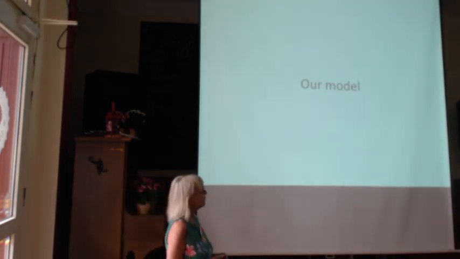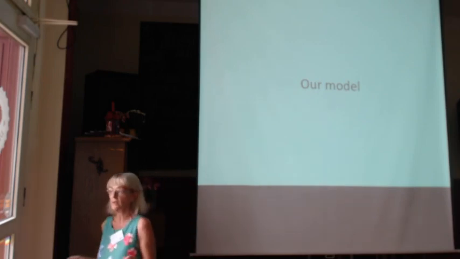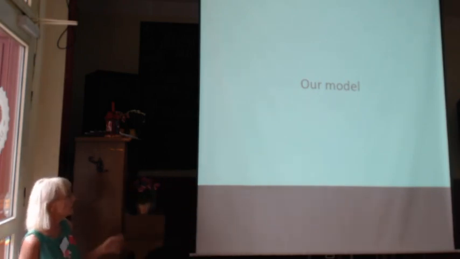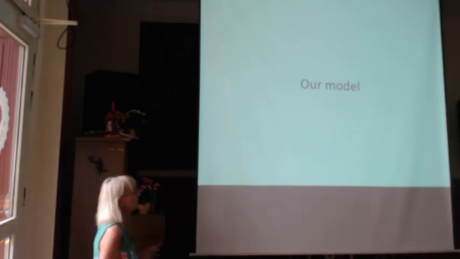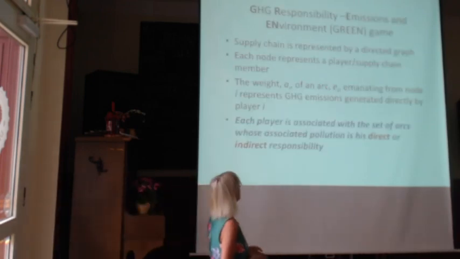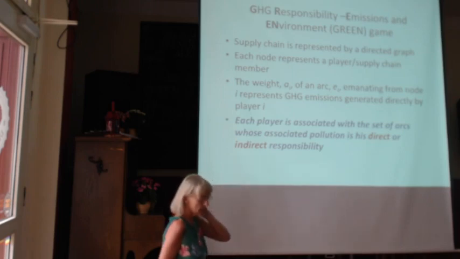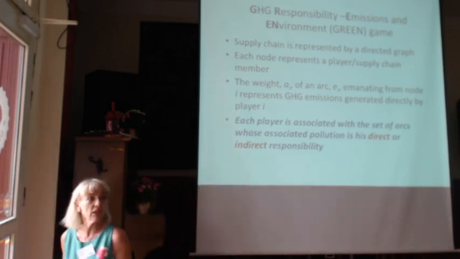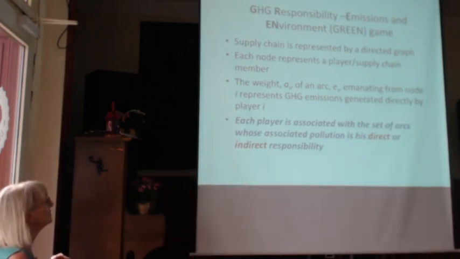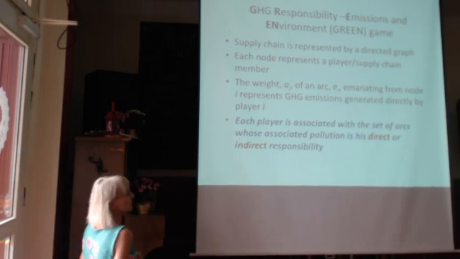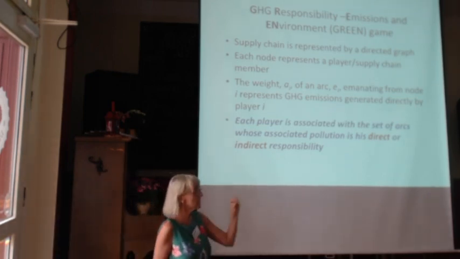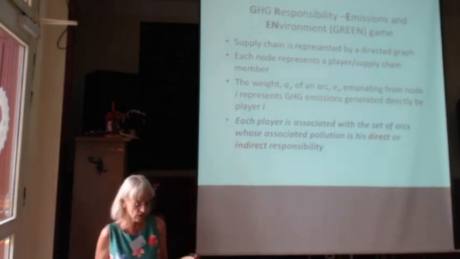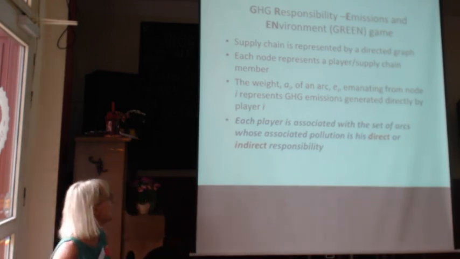And so what we try to do is to move away from the current model, which just assumes that whoever is making something has to pay for it. We try to model this as a game. In our game, we have a graph in which each node is a member of the supply chain. There are arcs, and on each arc we have some emissions.